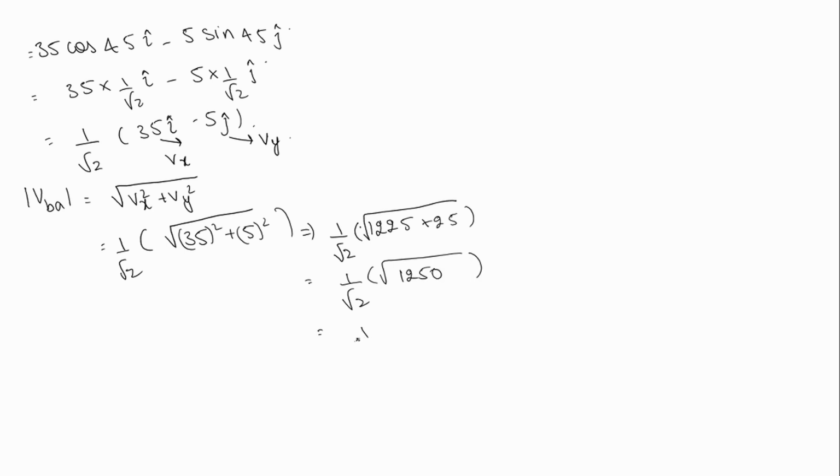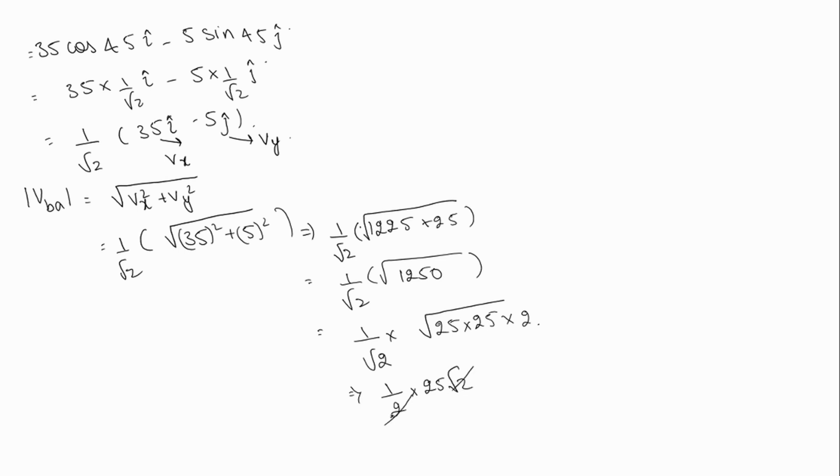So that is 1 by root 2 times the square root of 1250. 1250 can be written as 25 into 25 into 2. So 25 into 25 is 25 squared, and the square root of 25 squared into 2 is 25 into root 2.